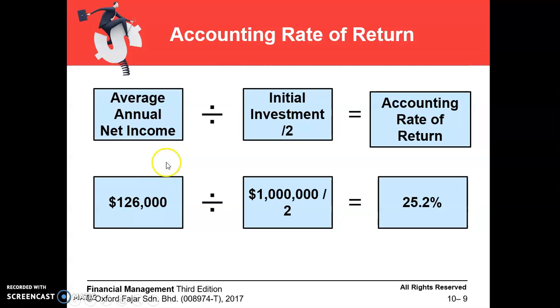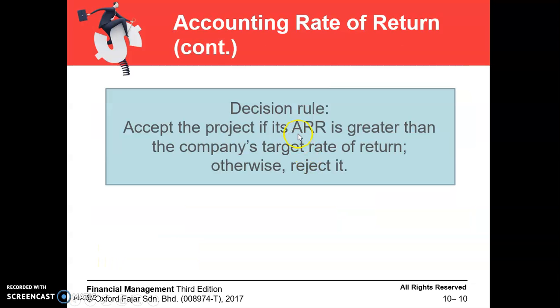From the income statement previously, you get the 126,000. The net income divided by 1 million over 2, so the accounting rate of return will be 25.2%. The rule of the accounting rate of return is you accept it if it is greater than the company's target rate of return.